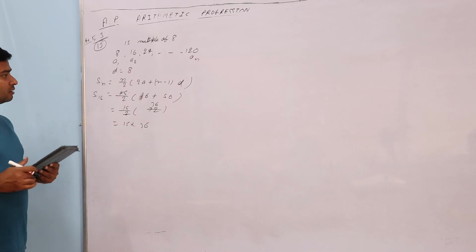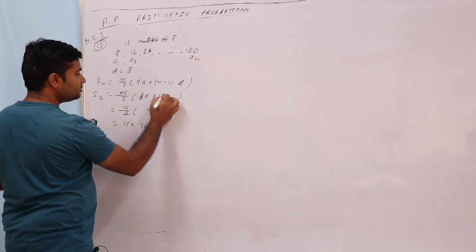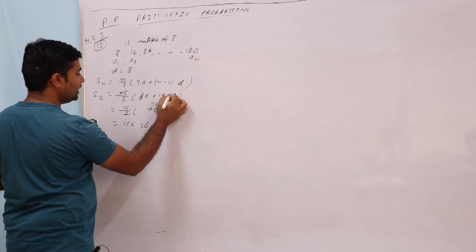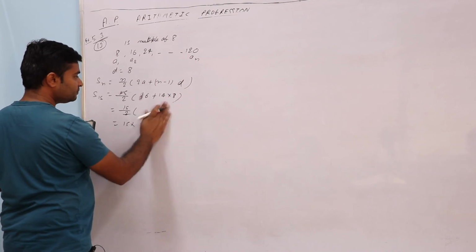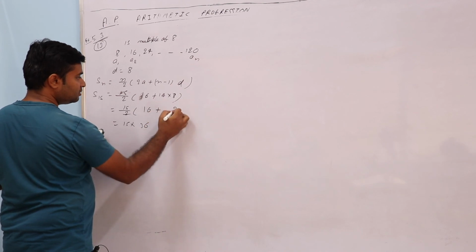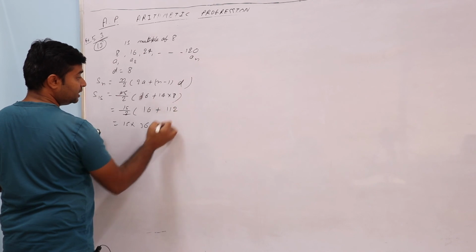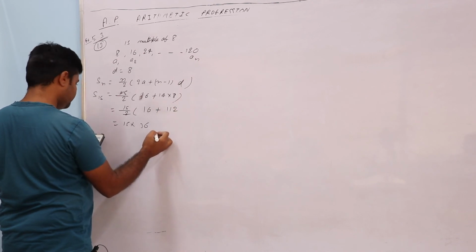Something became wrong. Question is n is equal to 15, so 15 minus 1, 14. 14 into 8 is 112. So 16 plus 112 is 128.